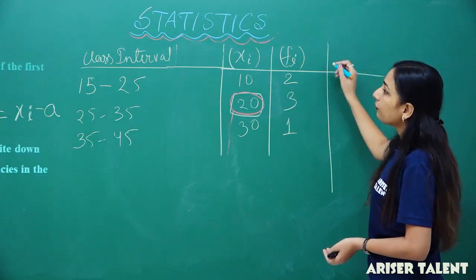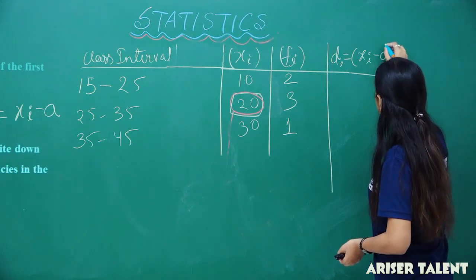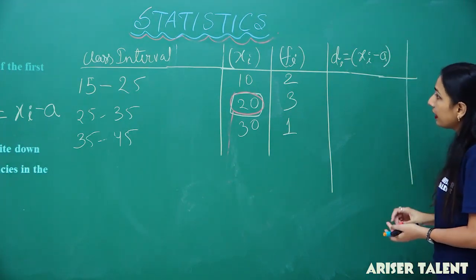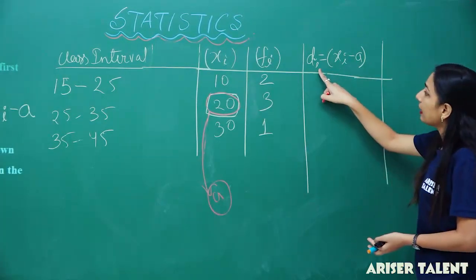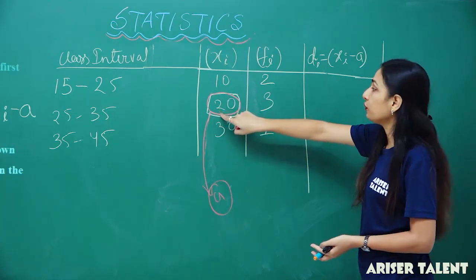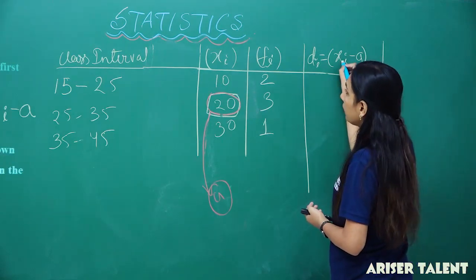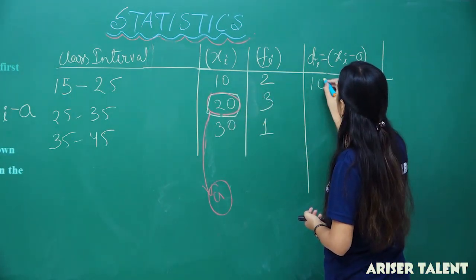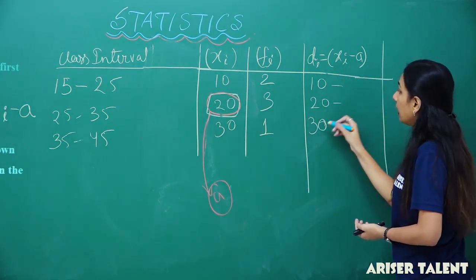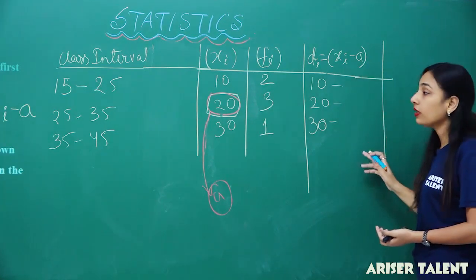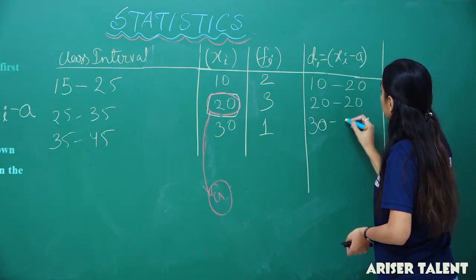Now I have to find the deviation di, which is xi minus A. What is my A? I have assumed this as A. So my di is xi minus A. The values of x are 10, 20 and 30, minus the value of A, which we have assumed as 20.